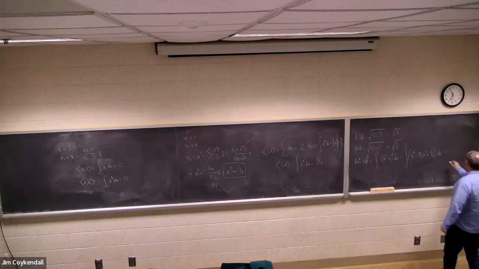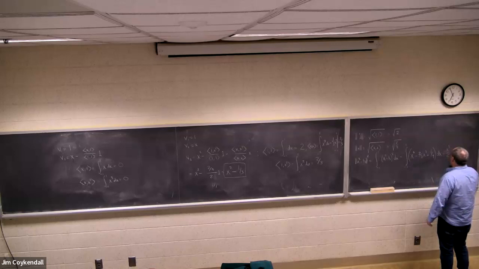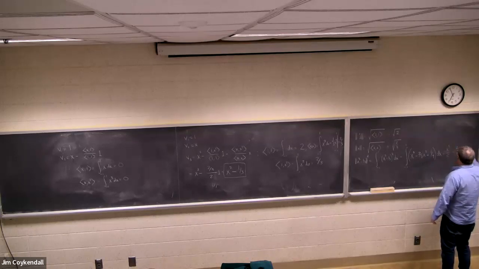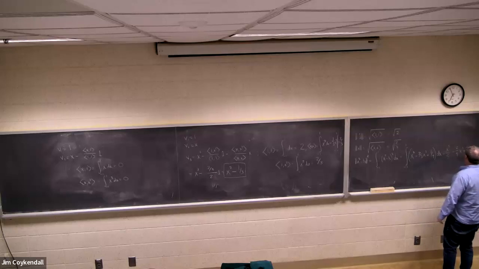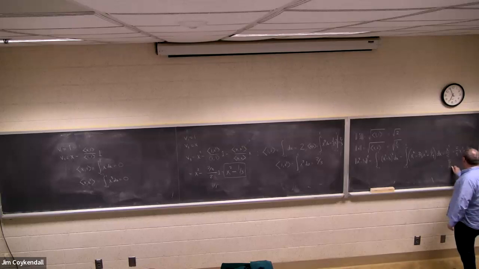And this becomes x^5 over 5 minus 2/9 x cubed plus 1/9 x, which, when I put in 1 there, is a fifth minus 9, so that's 4, this is 2.